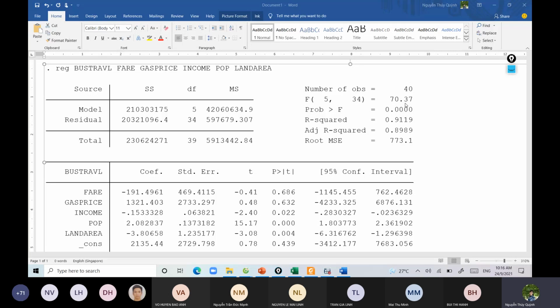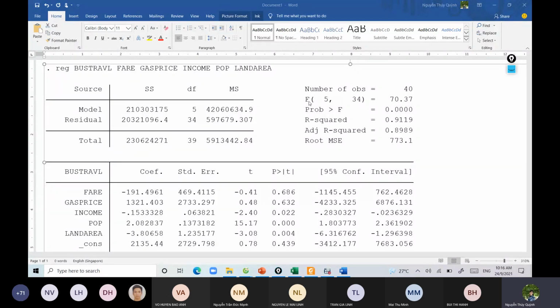That's why, if you have the estimation table, you don't have to do step 2 anymore. You just look at the table and take the calculated F value from this table.